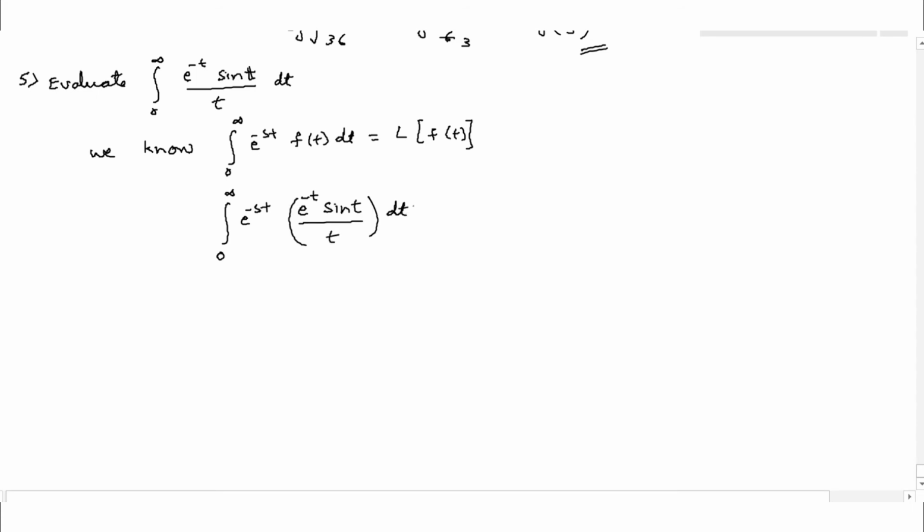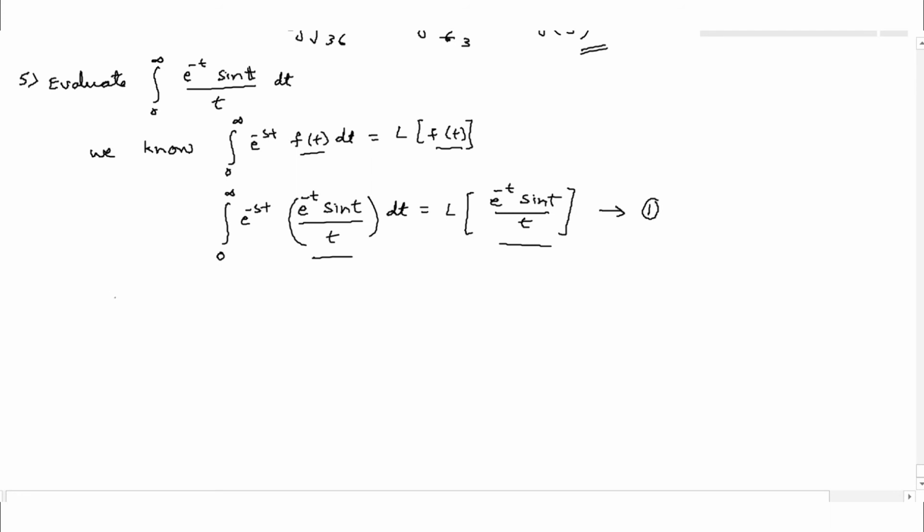So the integral will be equal to Laplace transform of f of t, which in this case is e power of minus t sin t divided by t. So f of t value that we have taken is e power of minus t sin t whole divided by t. Let us take this as equation number 1.